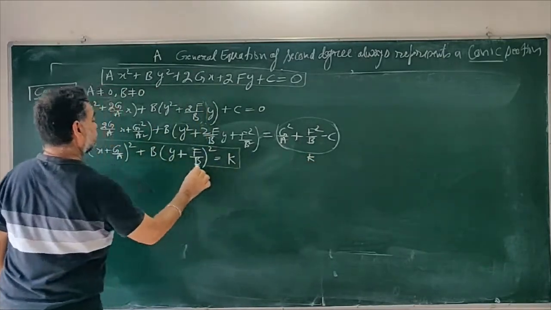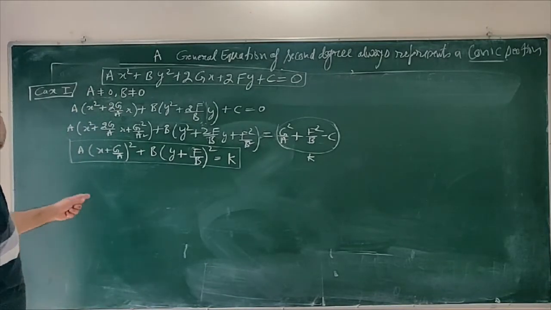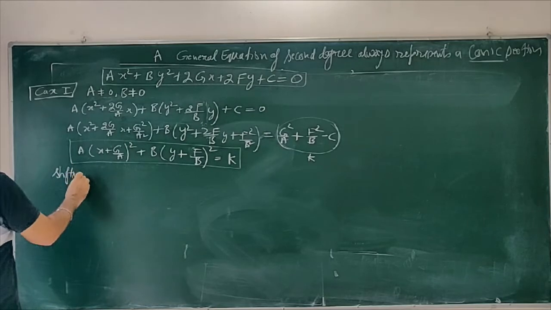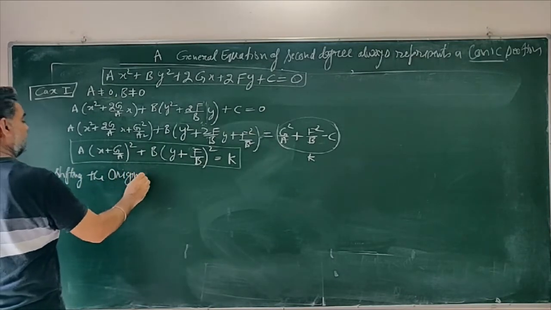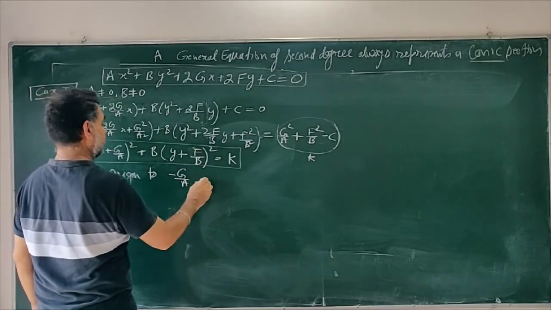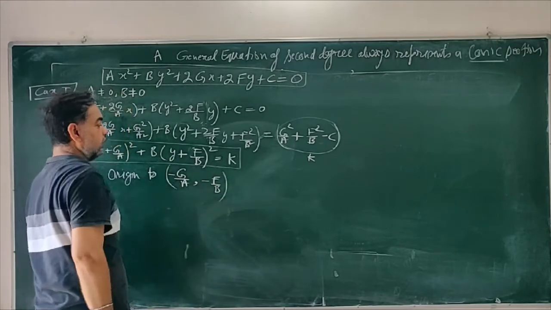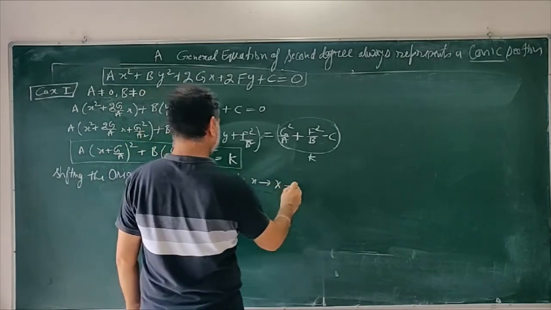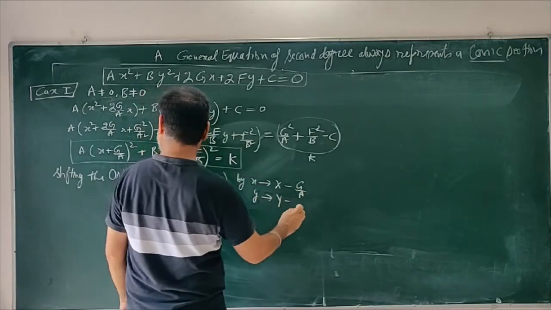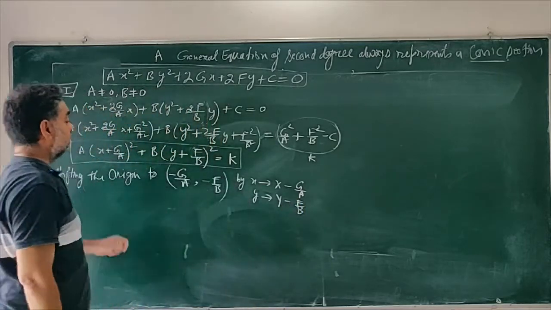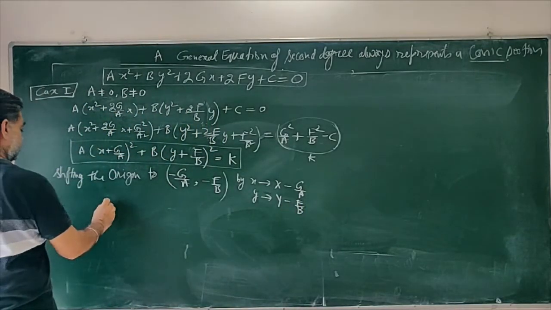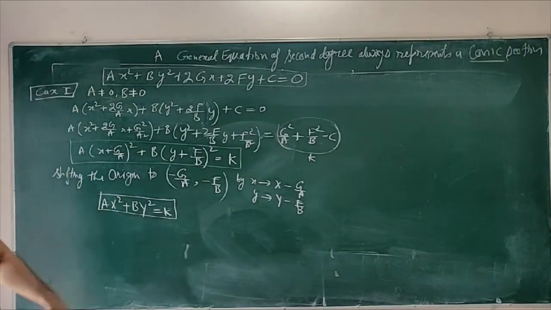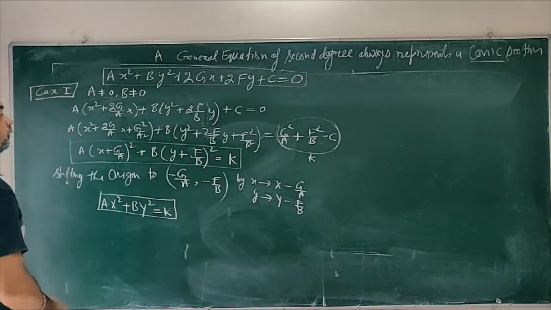So we have this equation, and if we shift the origin to minus g over a, minus f over b, by replacing x by x minus g over a and y by y minus f over b, this equation gets reduced to ax square plus by square is equal to a constant. And now we have the further sub cases.